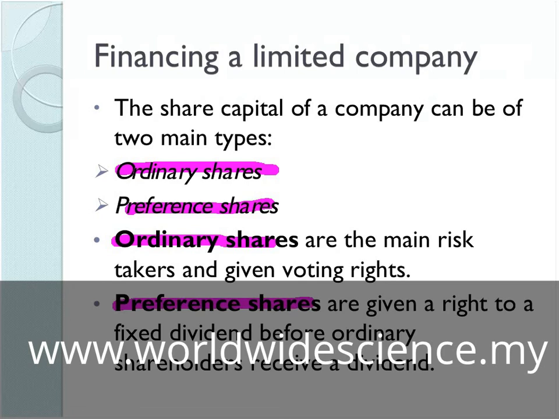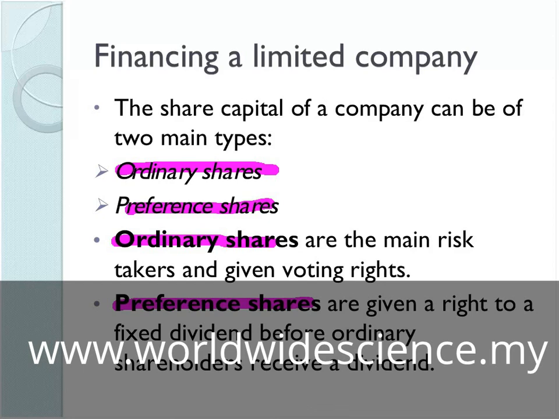They are given the fixed dividend but no voting rights. So it means that any limited company can issue two kinds of shares, ordinary and preference, and they have different terms and conditions.